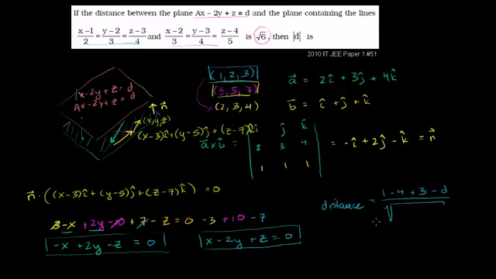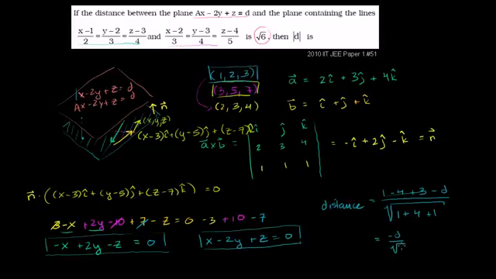So it's going to be equal to 1 squared plus negative 2 squared, which is 4, plus 1 squared, which is 1. So this is going to simplify to the distance is equal to 1 minus 4 plus 3 is 0. So in the numerator, we have negative d, all of that over the square root of 1 plus 4 plus 1.